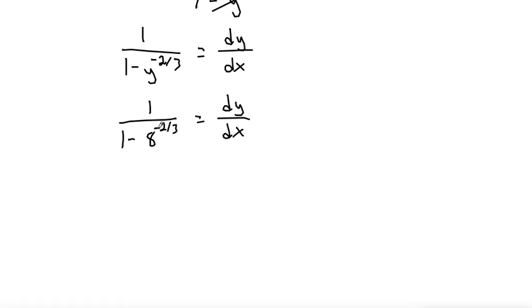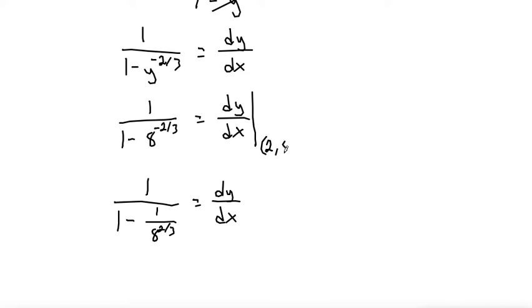We can first make this negative exponent a positive by making it a fraction. So that would be 1 over (1 minus 1 over 8 to the power of positive 2/3) is dy/dx. And I really should say that this is evaluated at (2, 8), because this is evaluated at a particular point.